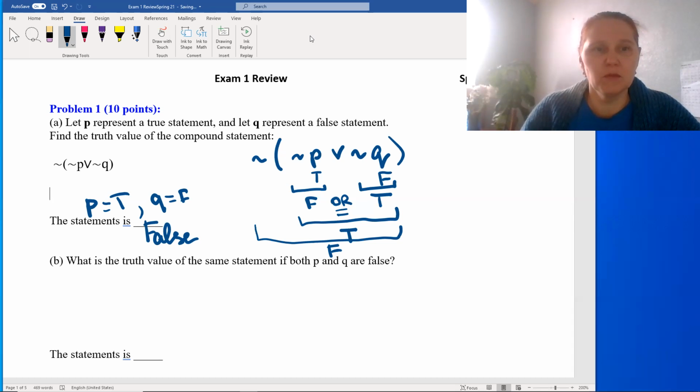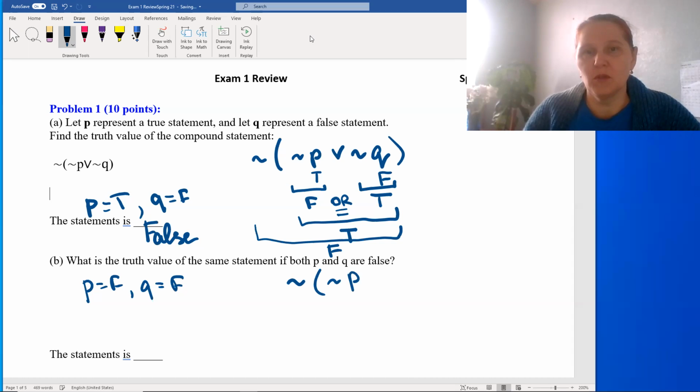Okay, and the second part of the question, what is the truth value of the same statement if both P and Q are false? So P is false and Q is false. We find the truth value of the same statement, not (not P or not Q). So not P is true.